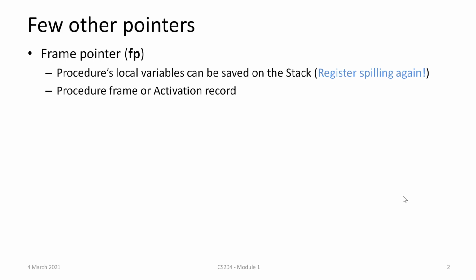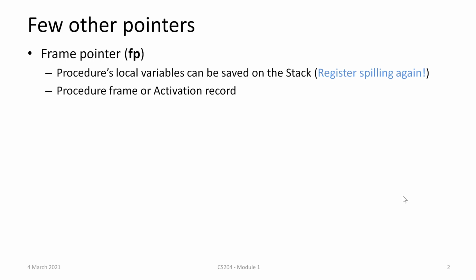Now, if we look at the procedure's stack, it will tell us what is the activation record of that procedure. Basically, how many bytes have been consumed by this procedure, what is the starting address and the ending address, meaning the stack pointer itself, right?